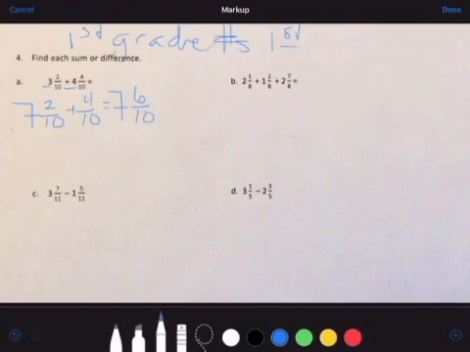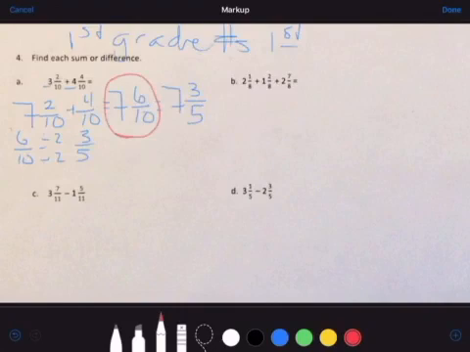So I am finished with this problem, unless you're gate or want to do the 5th grade way, which when I look at 6/10, I would divide by 2 over 2, and that would give me 6 divided by 2 is 3, 10 divided by 2 is 5. So the gate or the 5th grade answer would be 7 3/5. This answer will get you full credit, so no worries. But if you're gate or like to push yourself, 7 3/5 would be great.